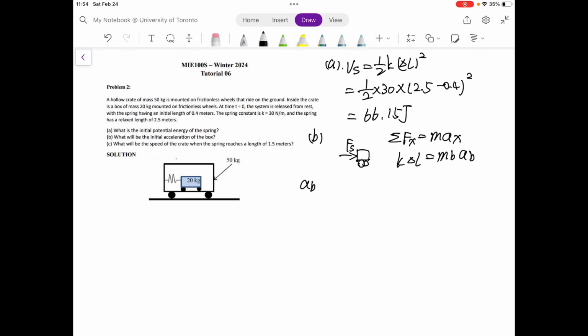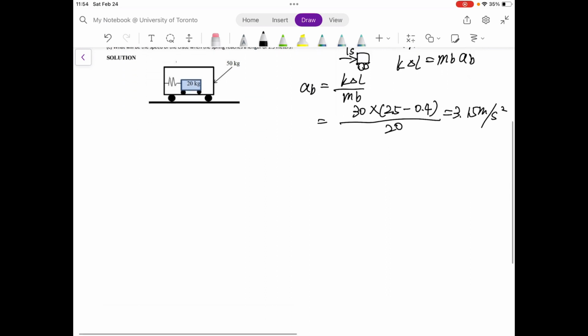So aB is equal to k delta L over mB, which is equal to 30 times (2.5 minus 0.4) over 20, which is equal to 3.15 meters per second squared.